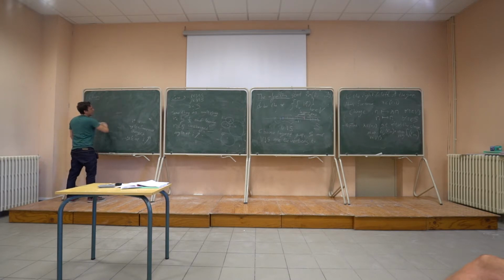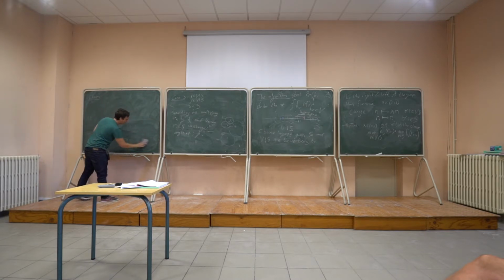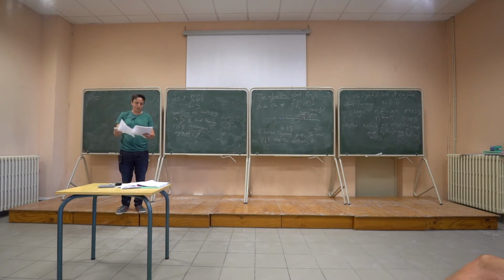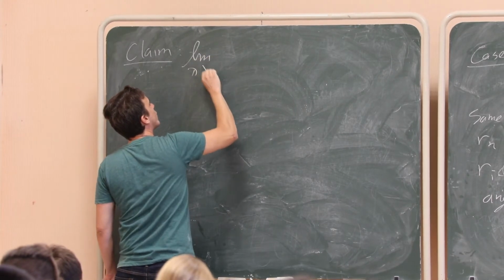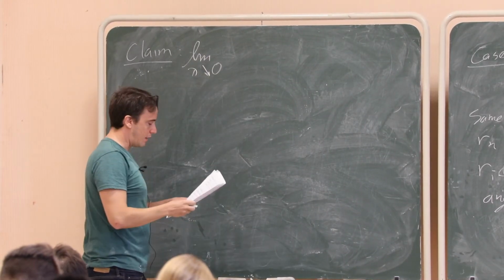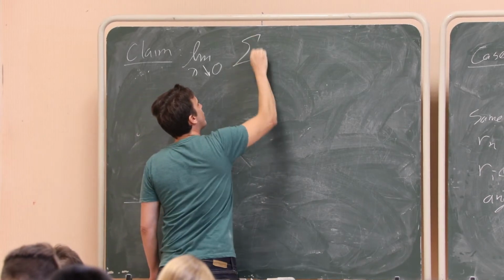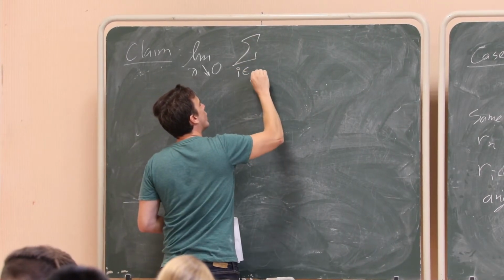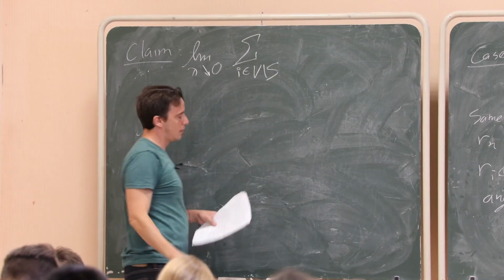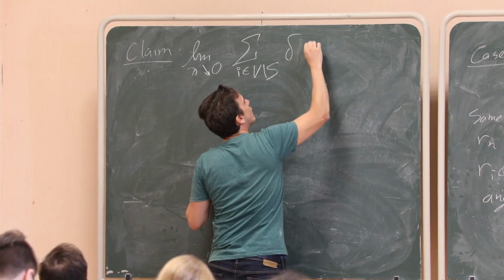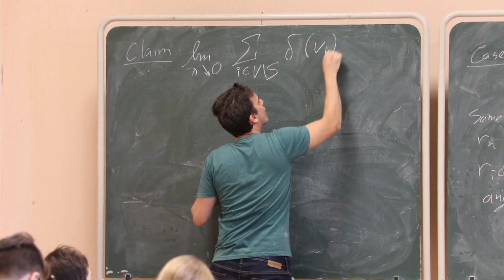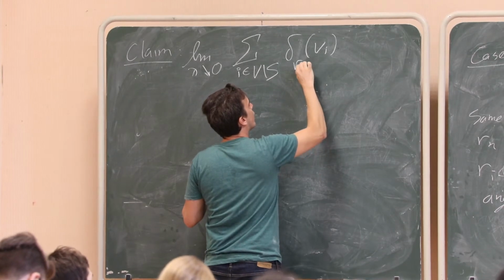It's surprisingly a similar argument. In fact, all of these arguments are essentially one argument iterated again and again. And here is the claim. The claim is that the limit as lambda goes to 0 of the sum of defects, for I belonging to V minus S, of delta V I R, let's call it R lambda.